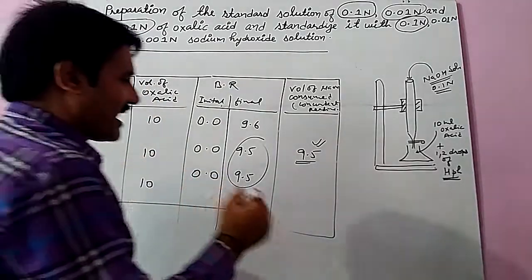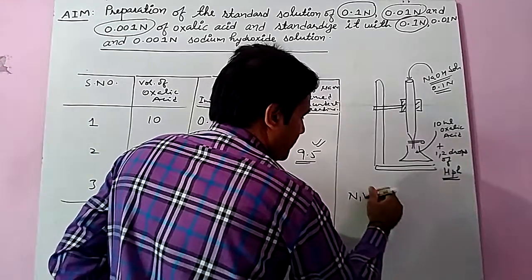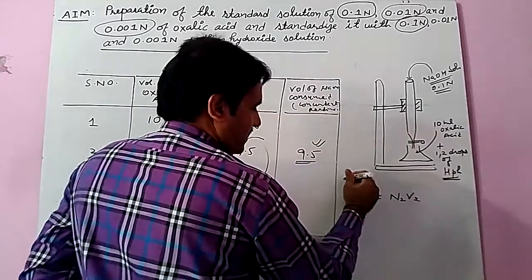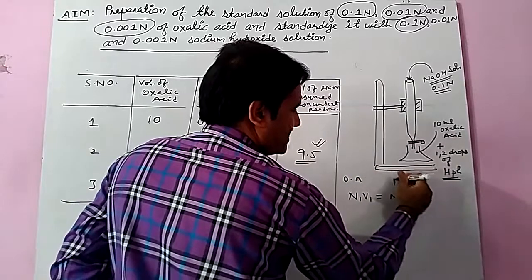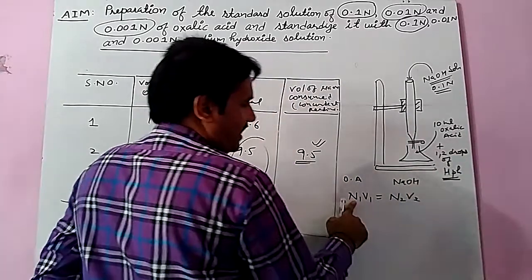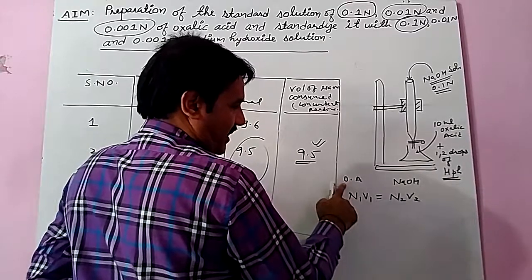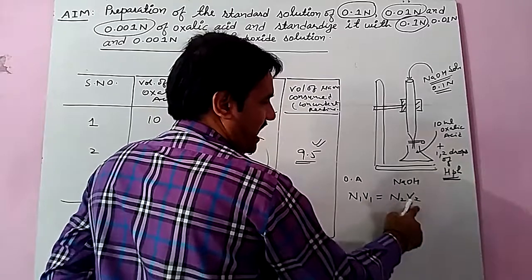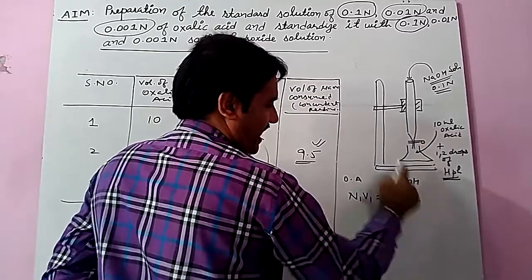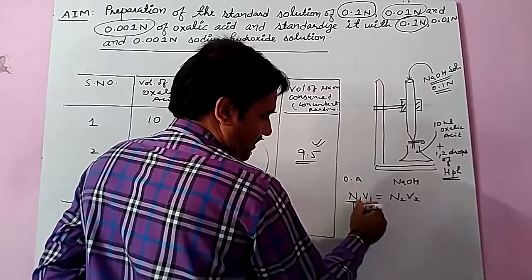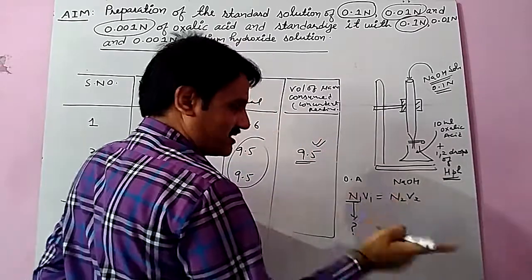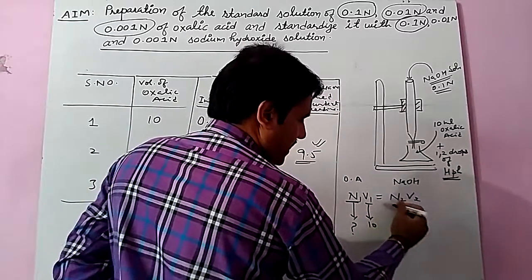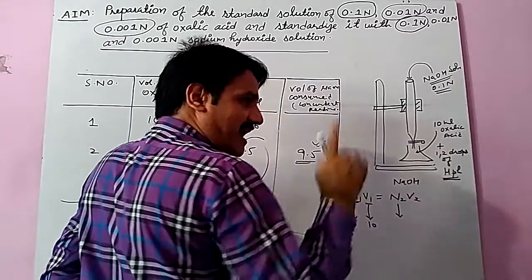Now a simple calculation: N1 V1 is equal to N2 V2. This is for oxalic acid, this is for NaOH. N1 is the normality of oxalic acid, V1 is the volume of oxalic acid, N2 is the normality of NaOH, and V2 is the volume of NaOH. So here we want to check the opposite process. So the normality of oxalic acid, volume is here 10, N2 already standardized.